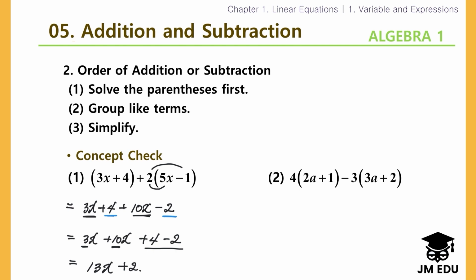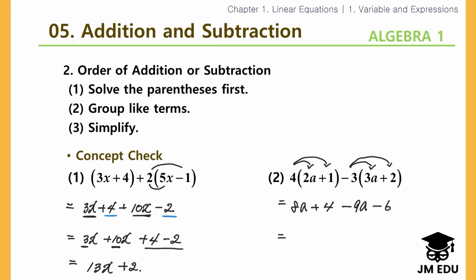Okay, number 2. We have 4 times parenthesis 2a plus 1, right? So apply the distributive property. That's going to be 8a plus 4 times 1, that's plus 4, minus 3 times 3a, minus 9a, minus 3 times plus 2, that's minus 6, right?